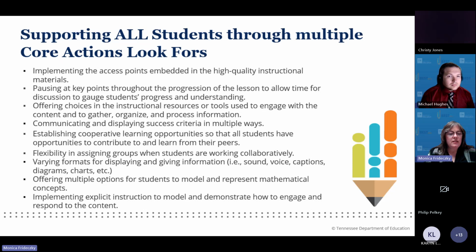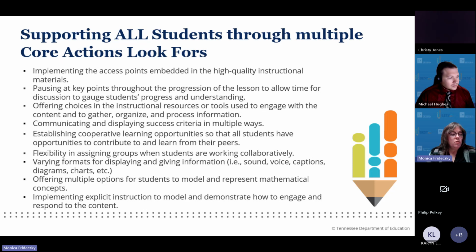We want to make sure that some of the things we're looking for effectively support students with disabilities, English language learners, economically disadvantaged students, all students that may need support or even extension.